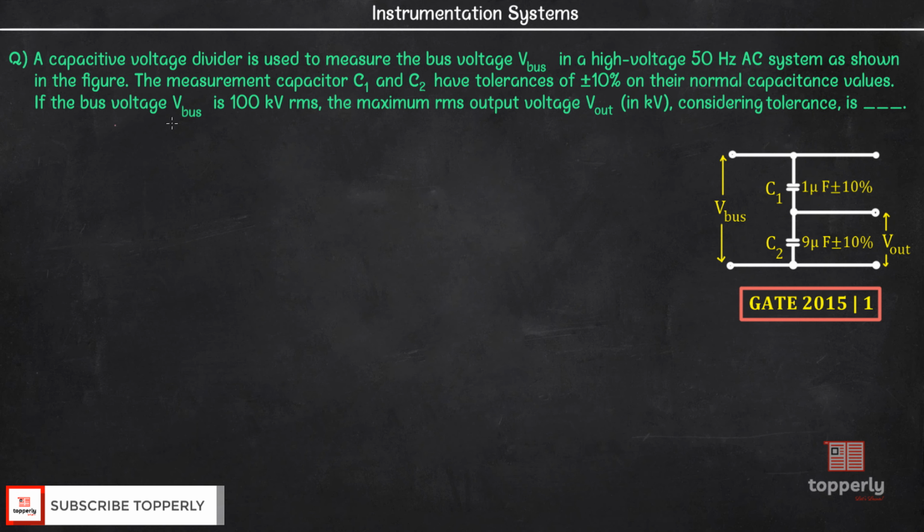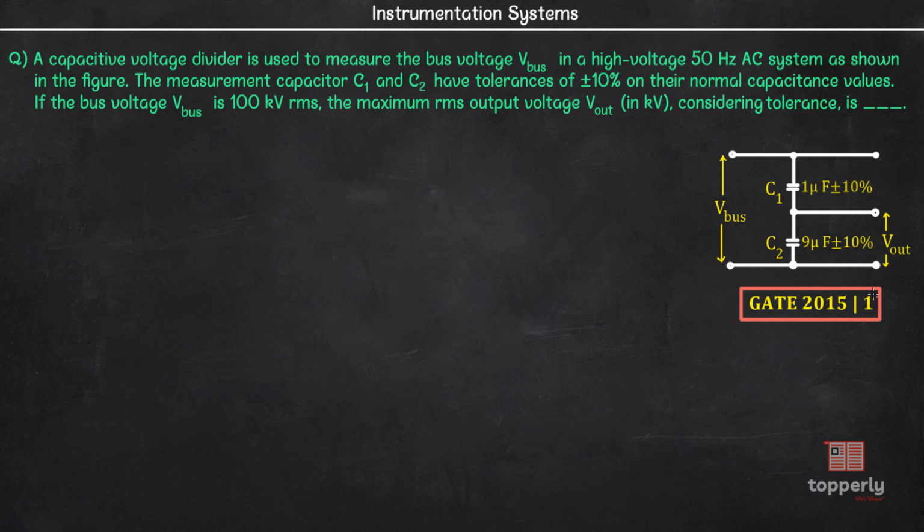If the bus voltage V bus is 100 kV RMS, the maximum RMS output voltage V out in kV considering the tolerance is. So that is the question, and you can see that this question appeared in GATE 2015 electrical paper for 1 mark.